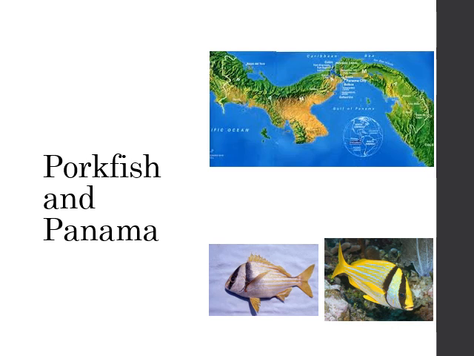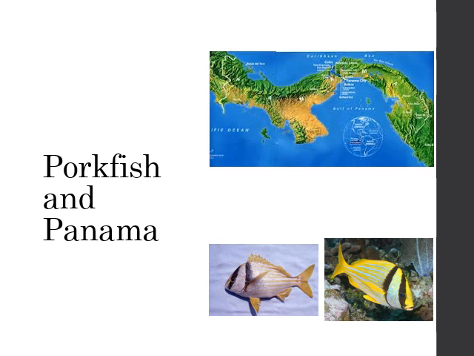Panama, during the last ice age, was above water. The ice melted, and Panama was below water. Panama is also rising up. So you had a long time back a split between the Pacific Ocean and the Atlantic Ocean. They were one ocean, currents could go in between. And when that happened, the porkfish very happily went from the Atlantic to the Pacific.